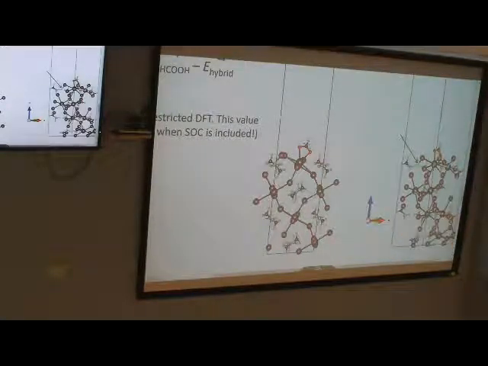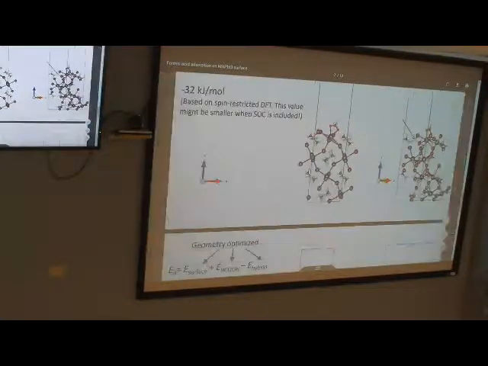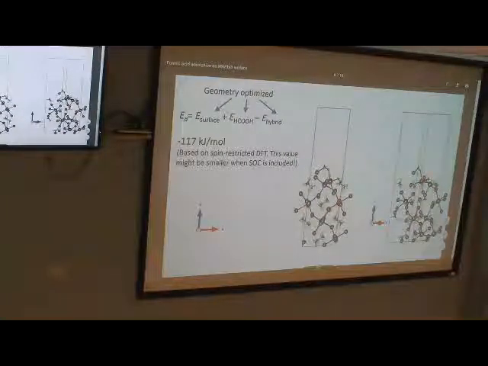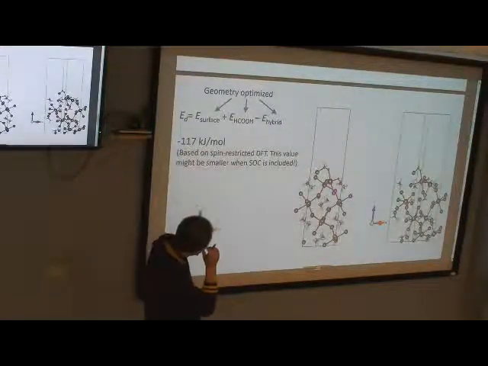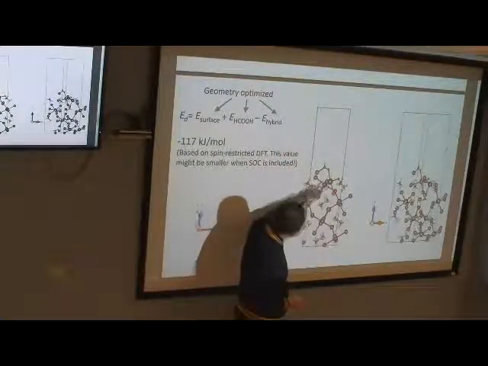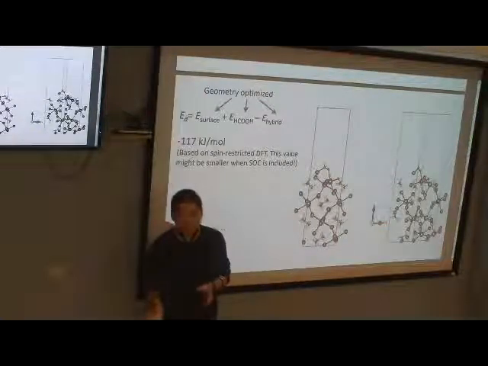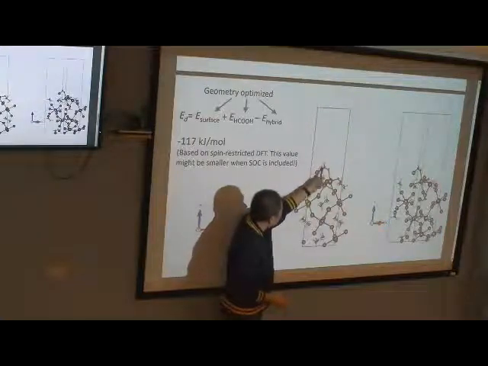So bidentate is not stable in this case. Why is that the case? I guess this time I'm just breaking the carbon-hydrogen bond, so we have a hydroxyl group and also this CHO.